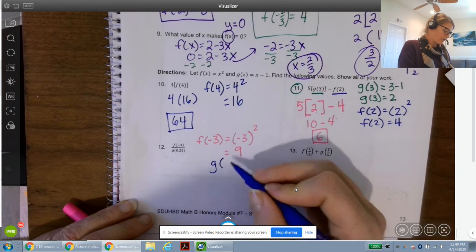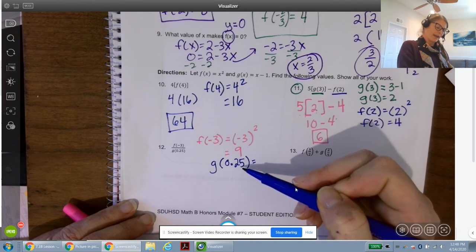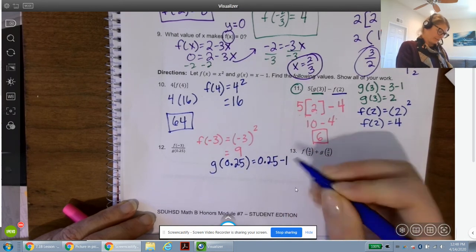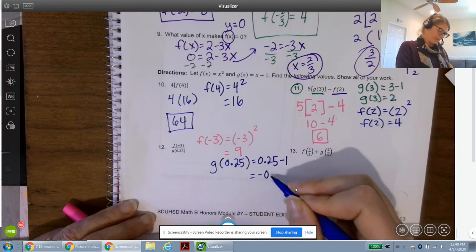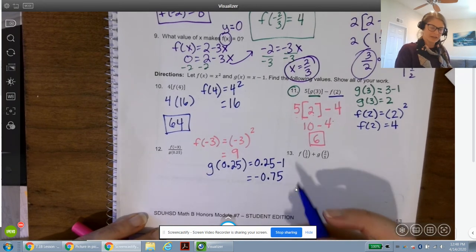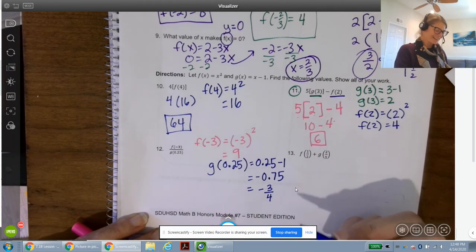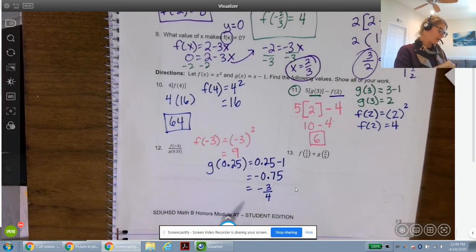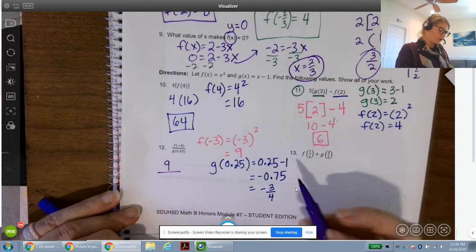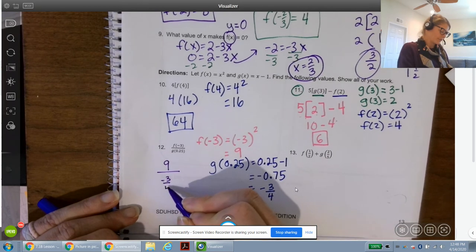And then g of a quarter, or 0.25. g of x when x is 0.25. 0.25 minus 1 is negative 0.75. You can leave it as a decimal, but I find sometimes dividing with fractions is way simpler. Negative 3/4. So back over here, f of negative 3 is 9, positive. g of 0.25 gets you negative 3/4.